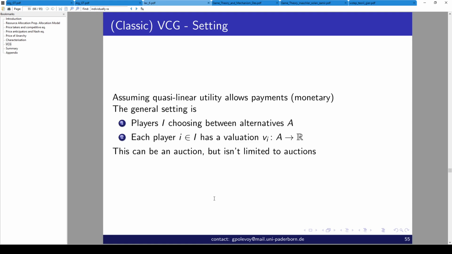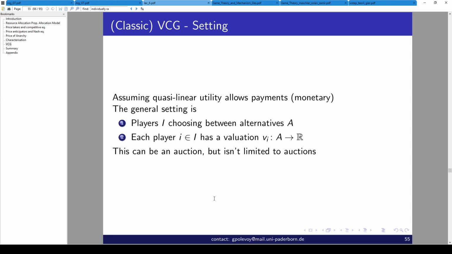So now we're going to first forget what we did, abstract ourselves above what we did with the allocation of resources, and talk about a very general problem. So assume that we allow a quasi-linear utility.